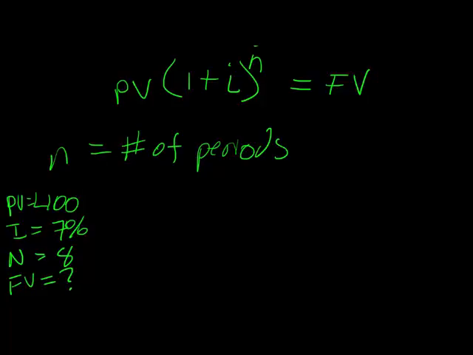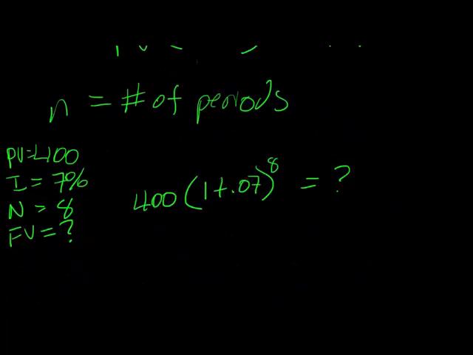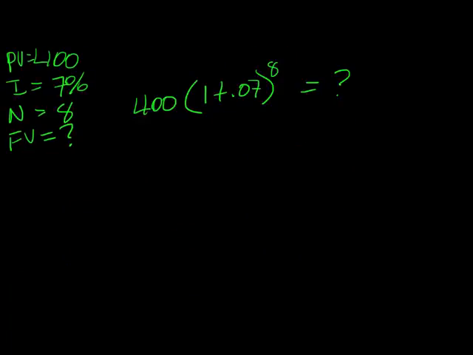Here, if I plug this into the equation, it would be 400 present value times 1 plus 0.07 to the 8. And what is that? Let's calculate it out.